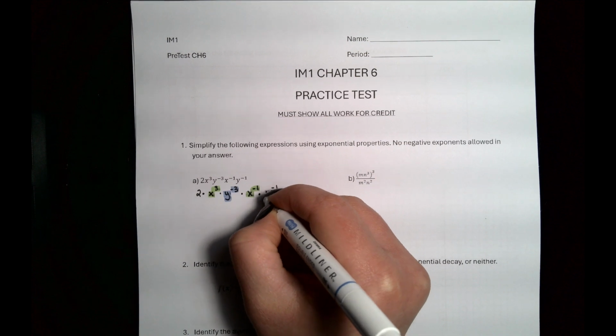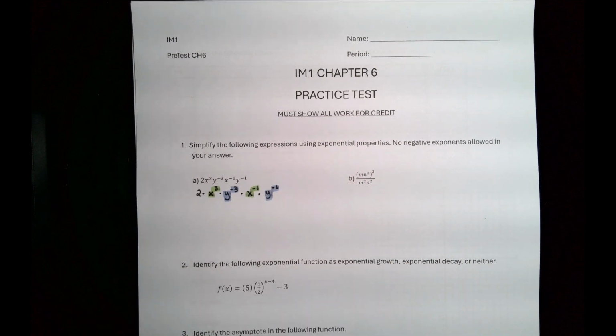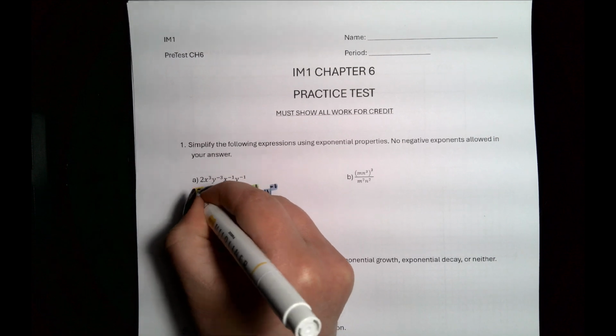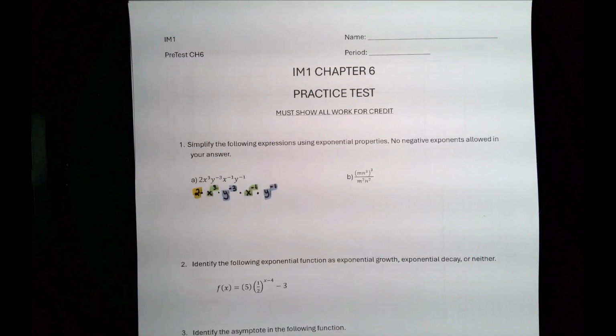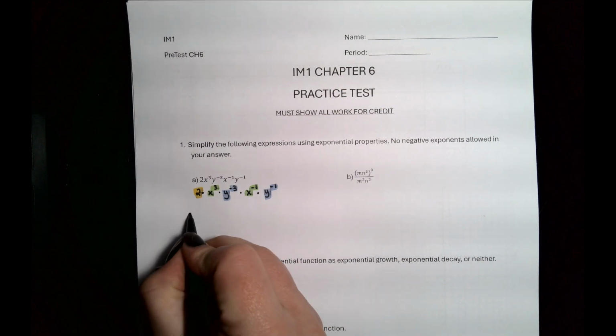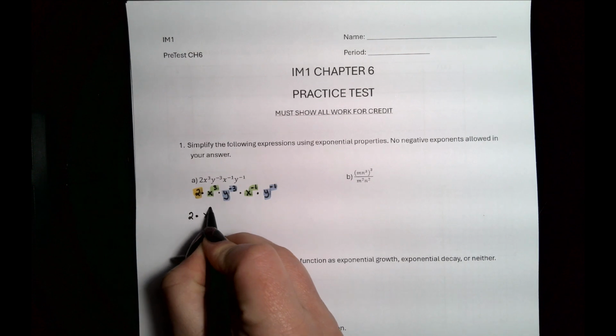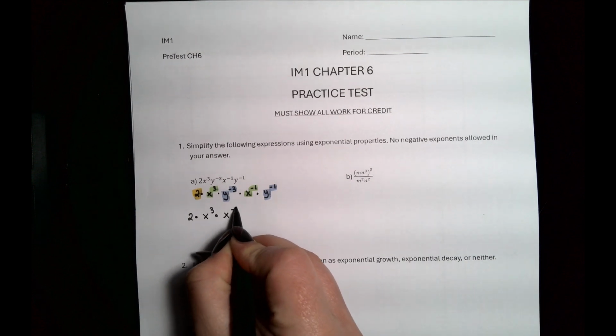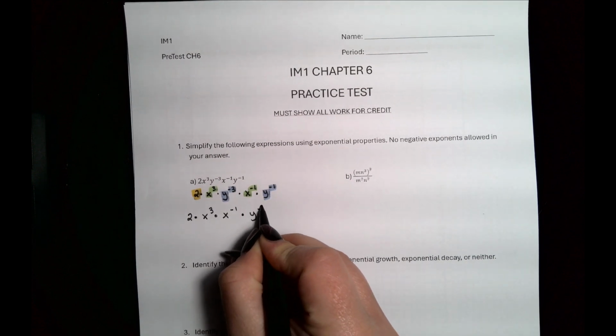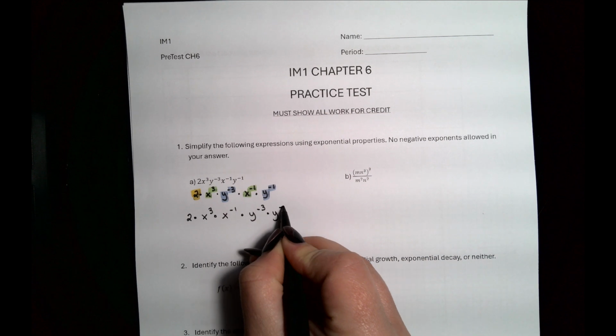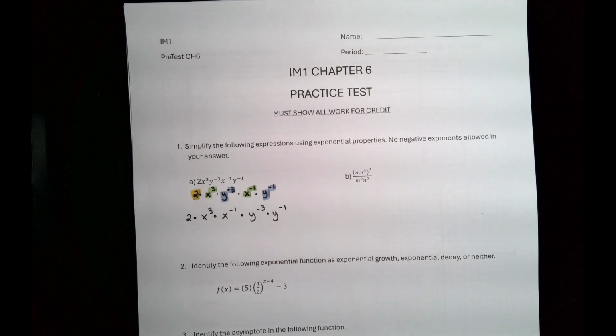So I'm noticing I have bases of y's, bases of x, and then I have kind of a random 2 base. That's just a base that's a number, so I don't have any other bases that are numbers to combine it with, so the 2 stays as a 2. Now for the other ones, I do have x's, and I do have multiple y's that we're going to need to combine.